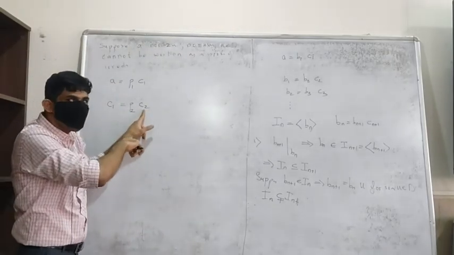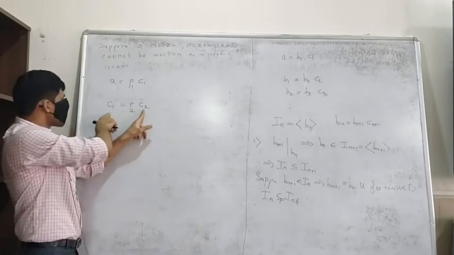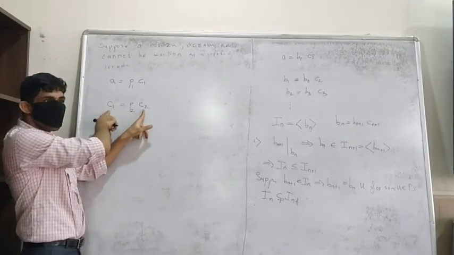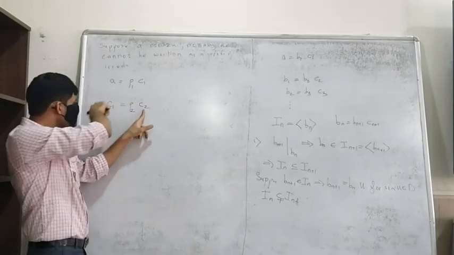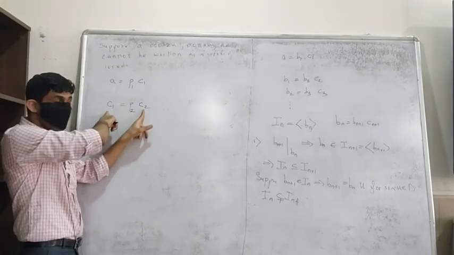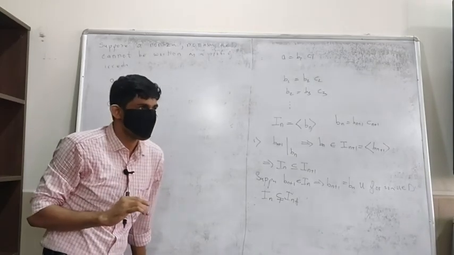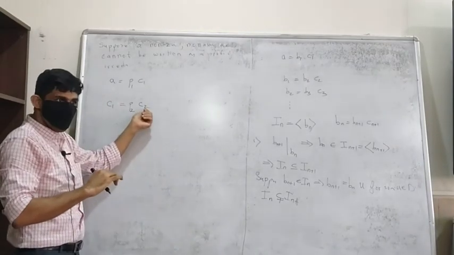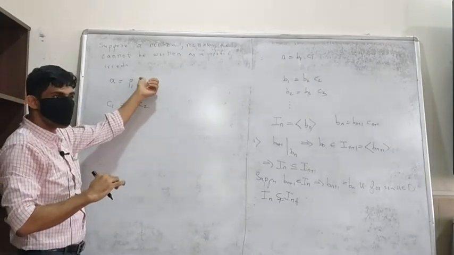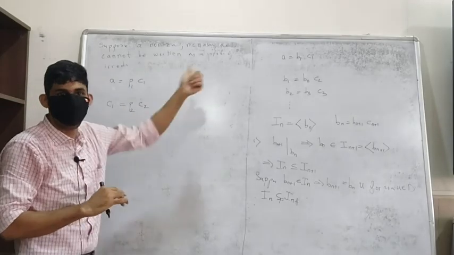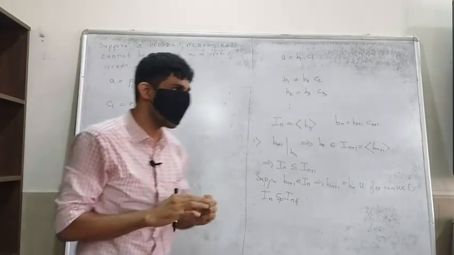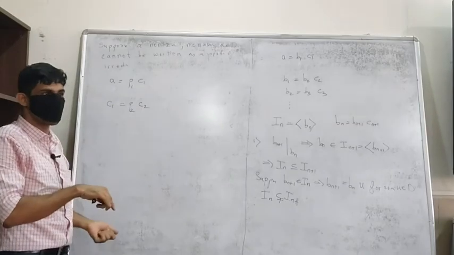Why? Because C1 is not an irreducible. C2 also cannot be an irreducible. Why? Because if C2 was an irreducible, you take this, substitute it up, and A can be written as a product of irreducibles. So therefore C2 is again reducible.